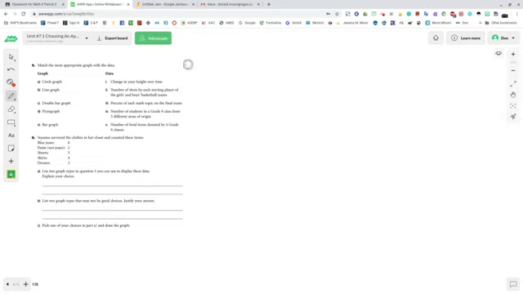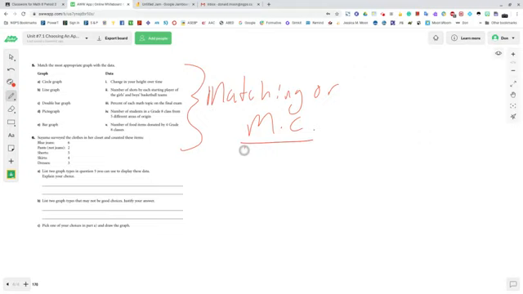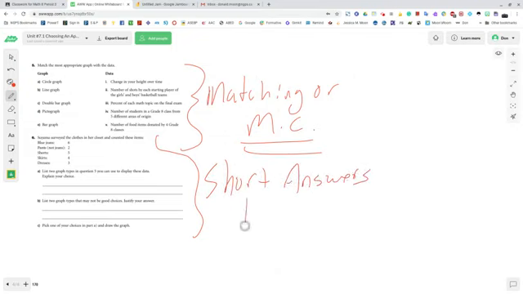Again, this one's just going to be a very quick matching or multiple choice, depending on how I set it up. And then again, this is probably going to be a short answer question on the formative. Okay. With the exception of this last part right here, where you're going to have to draw one of your choices from the graph. All right.